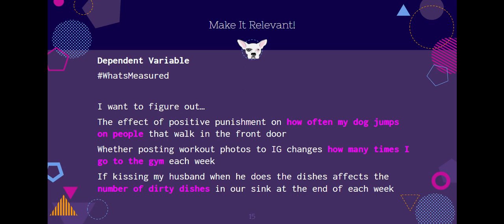If I wanted to see whether posting workout photos to Instagram changes how many times I go to the gym each week, here I'm going to measure how many times I go to the gym, and so that's what my DV would be. Finally, if kissing my husband when he does the dishes affects the number of dirty dishes in our sink at the end of the week, I have a great dependent variable here. I would measure the number of dirty dishes in the sink at the end of the week. Don't tell anyone I'm doing this study.